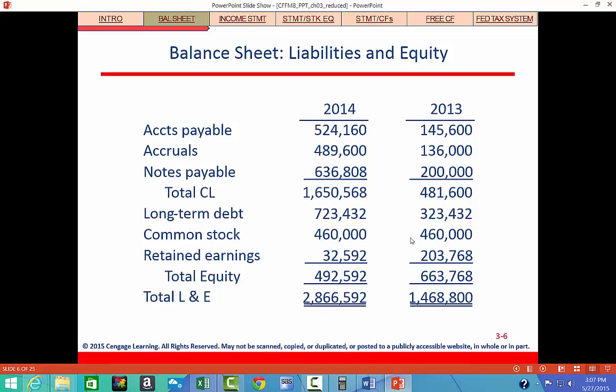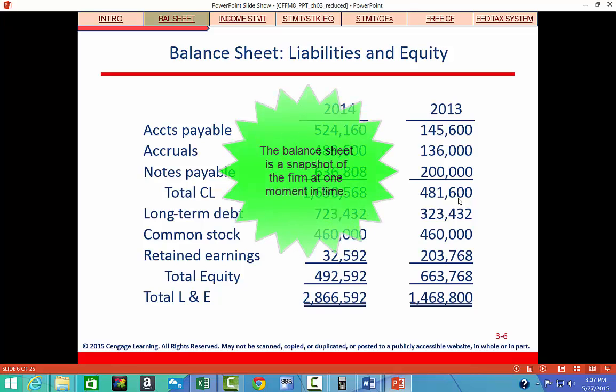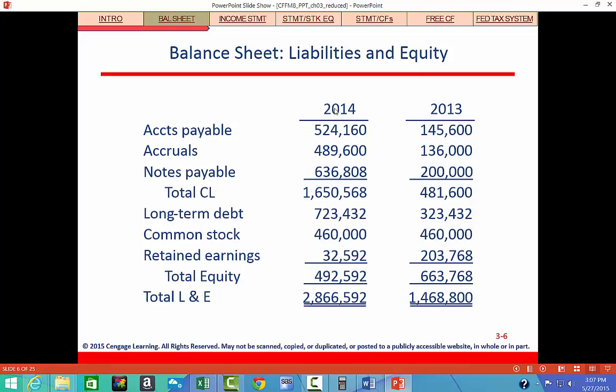Their common stock has remained the same, so they didn't issue any new stock, and they probably wouldn't have received a very good price if they had, because the market is viewing what they're doing as badly because they're analyzing the financial statements. And then retained earnings has decreased, so this probably means that they've had a negative net income, and that has reduced retained earnings. And so you can see how we get to the totals for liabilities and equity on the balance sheet. And again, remember that this snapshot was taken at December 31st, 2013, and then at December 31st, 2014.